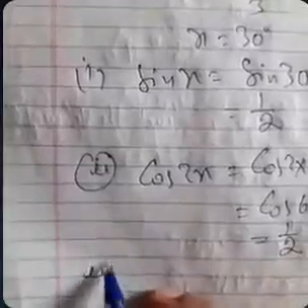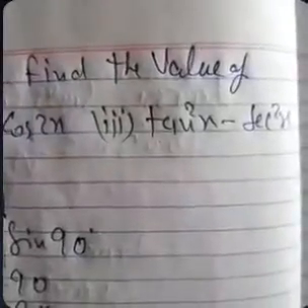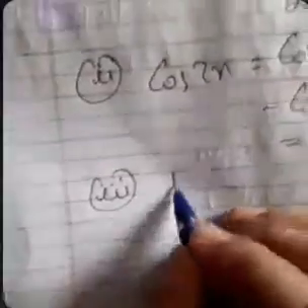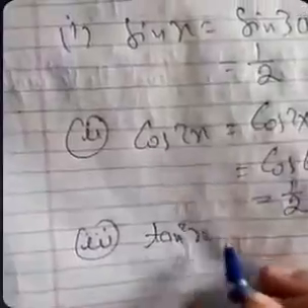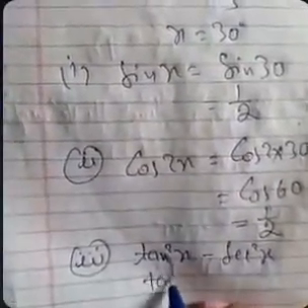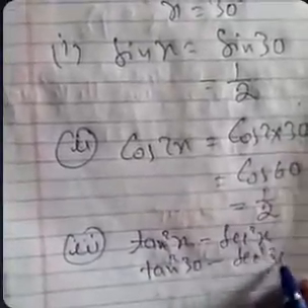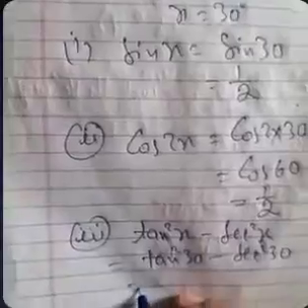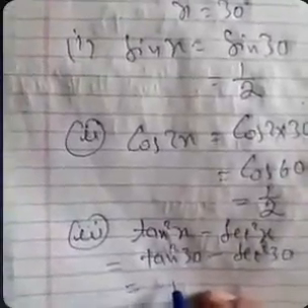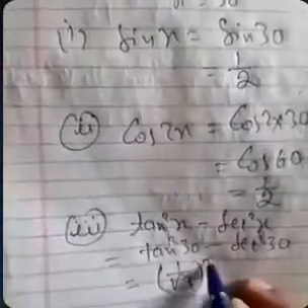Now third part is tan square x minus sec square x. Putting the value of x. Tan square 30 minus sec square 30. Value of tan 30 is 1 upon root 3, whole square.